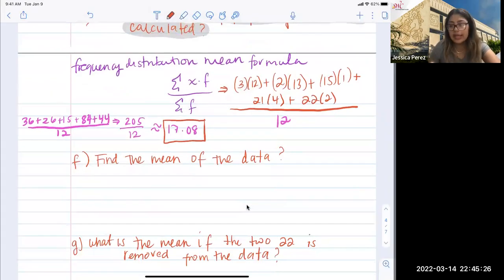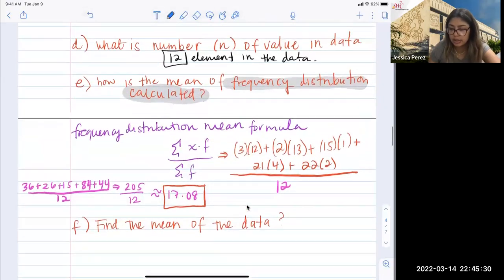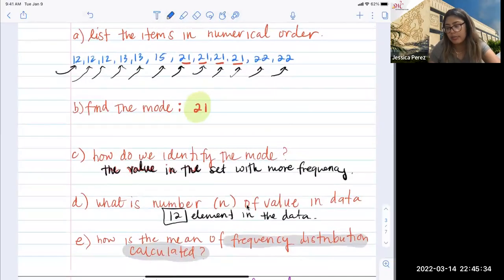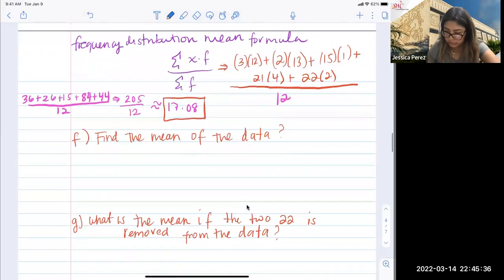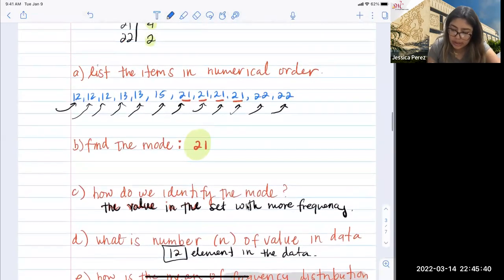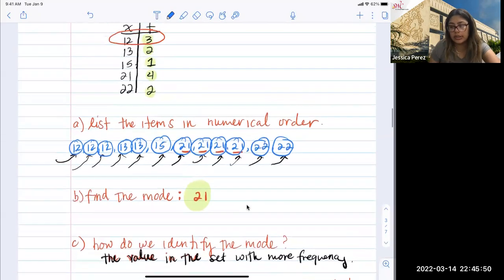What is the mean of the data? Well, the mean of the data is actually the sum. So you're going to add these values divided by the quantity here.